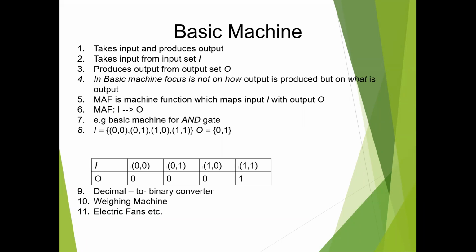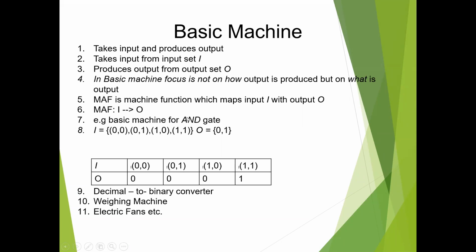And this machine will have the MF, which is called a machine function. So it maps your input with the output. So here you have input set I, it is mapped with output set O.